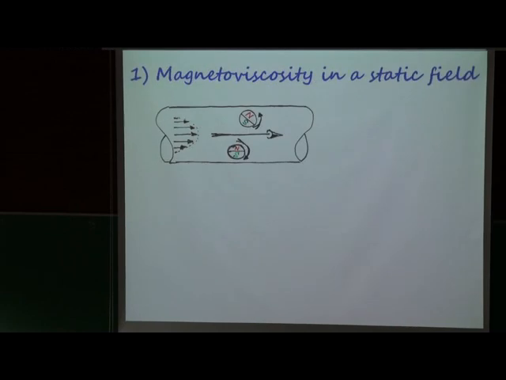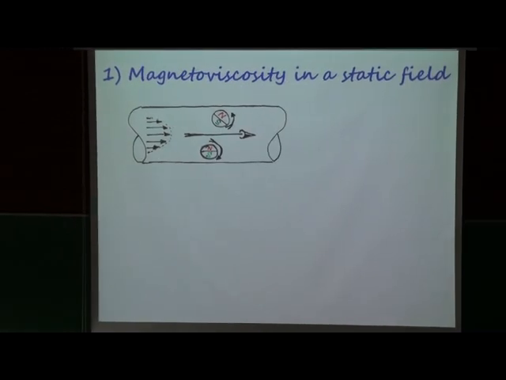You have here a flow in a pipe, and as you might know, in such a pipe you have a parabolic flow profile. In the middle you have hardly any friction, so here you have high velocity, and at the edges the liquid sticks to the wall, and you have velocity 0.